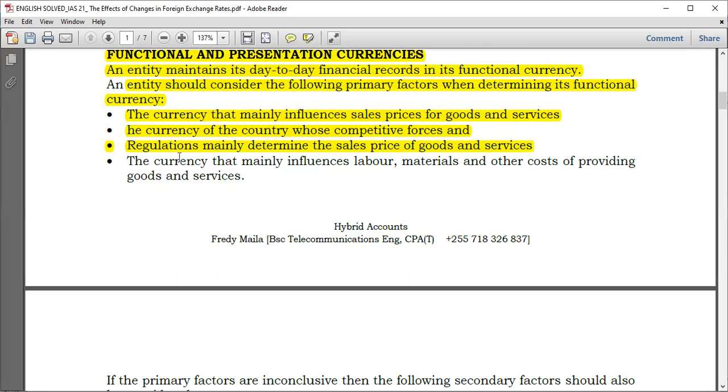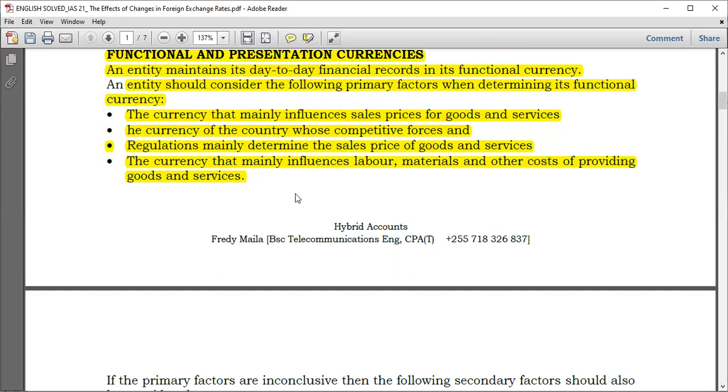And then we have the third point, the currency that mainly influences labor, materials, and other costs of providing goods or services. You should get this one well too. How do you get this one? If you take a look at this one, it could be like cost of sales. You know, for a manufacturing company, cost of sales equals opening inventory plus production minus closing inventory.